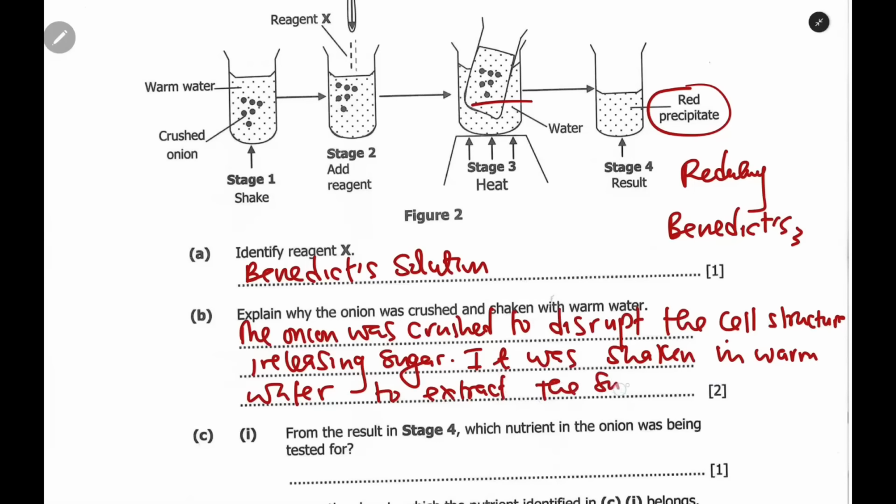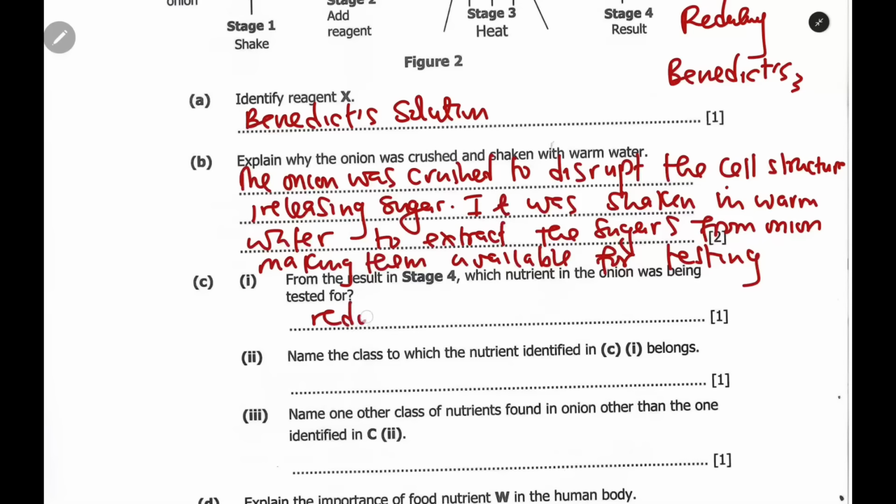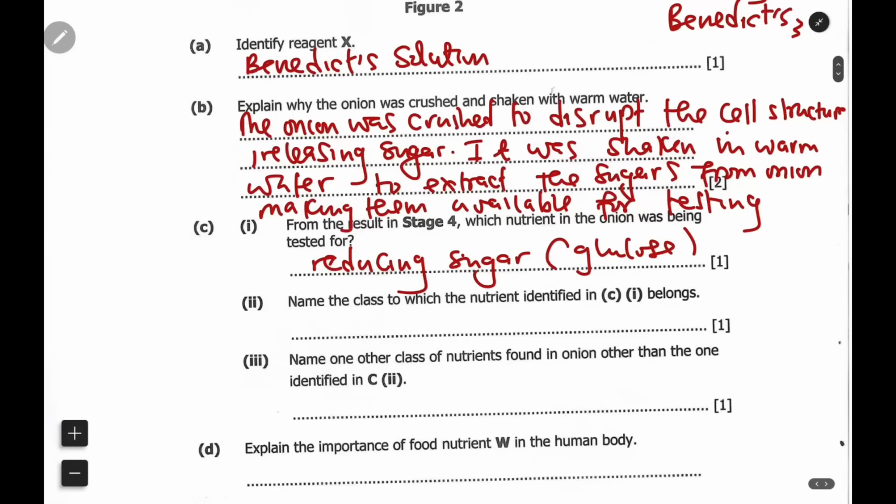Then C1, from the results, which nutrient in the onion was being tested? So the nutrient we are talking of is reducing sugars, and this is the glucose. Name the class to which the nutrient identified belongs.